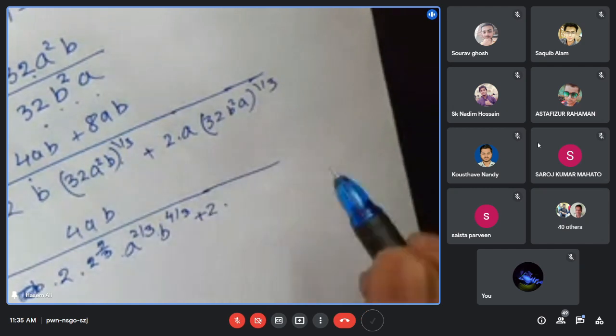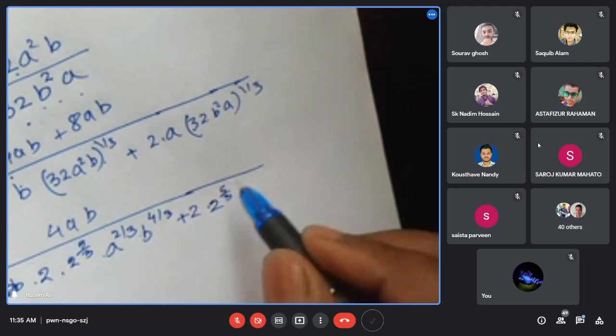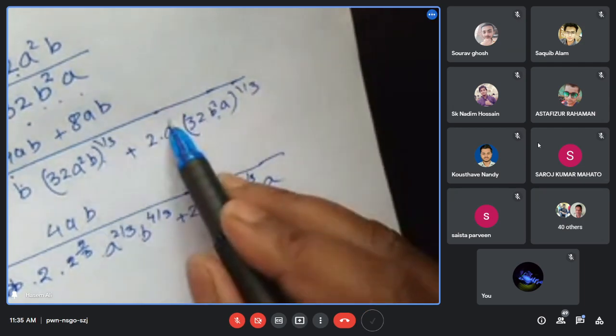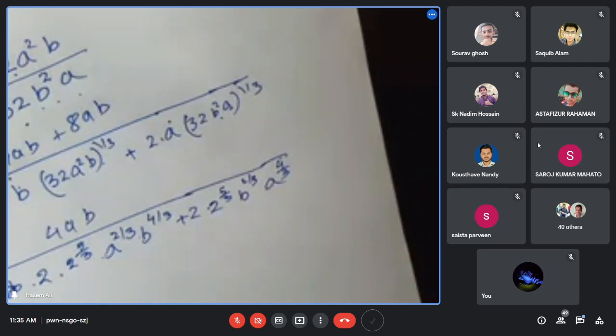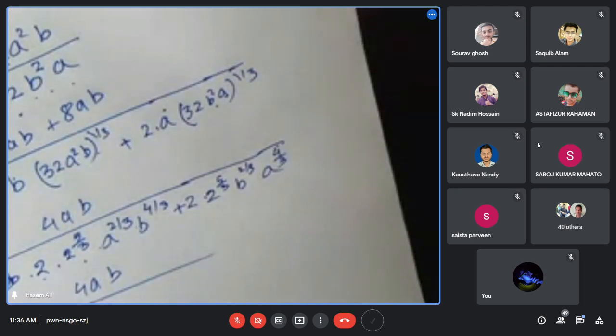Plus 2a into 2 to the power 5 by 3 and b to the power 2 by 3, a to the power 4 by 3. So 4ab divided by, if we take common 2 into 2 to the power 5 by 3, that means 2 to the power 8 by 3.